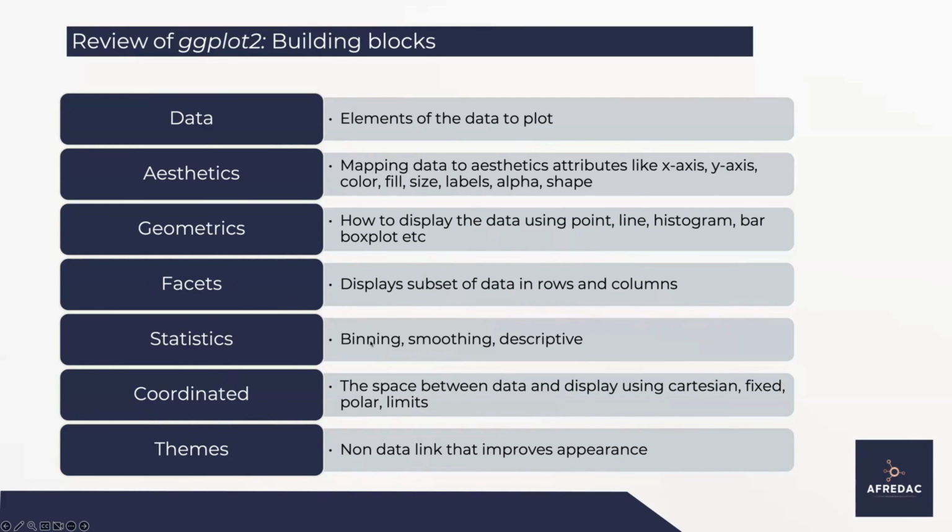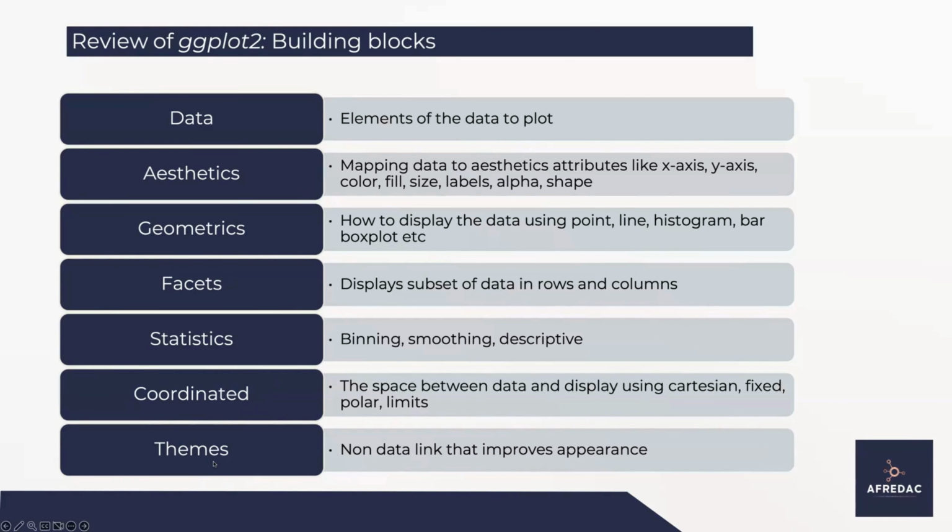So that's the building block called statistics. Then we also have coordinates. Sorry, there's a typo here. It's not supposed to be coordinated. It's supposed to be coordinates. So how do you use the axis limits so that you can capture the data in a more aesthetically pleasing way. So that is a building block called coordinates.